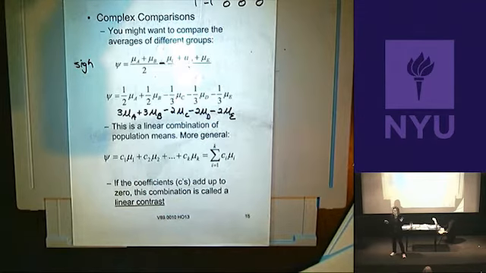What was my F with one independent groups factor? What was F? A real simple fraction. I told you to keep it in your brains. Yeah, MS between over MS within. So what I have to do is get from this to a way to test this using that kind of formula.